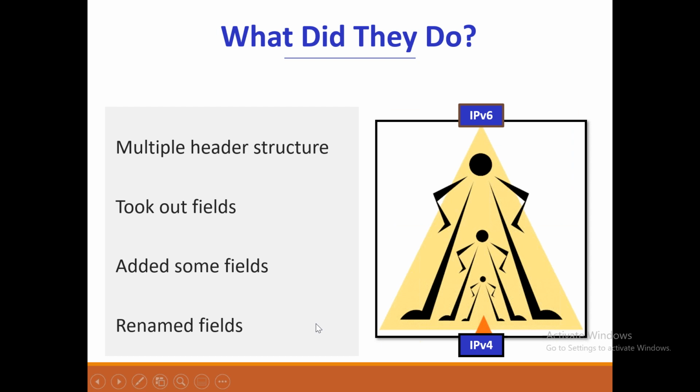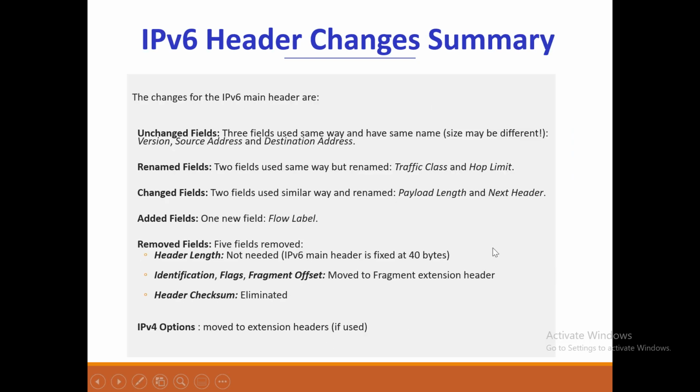Payload length is the next field. Payload length is the bytes in the extension headers and the payload. And notice it does not include the IPv6 main header length, because that is a fixed header. That is a fixed length. And so none of this is in there.